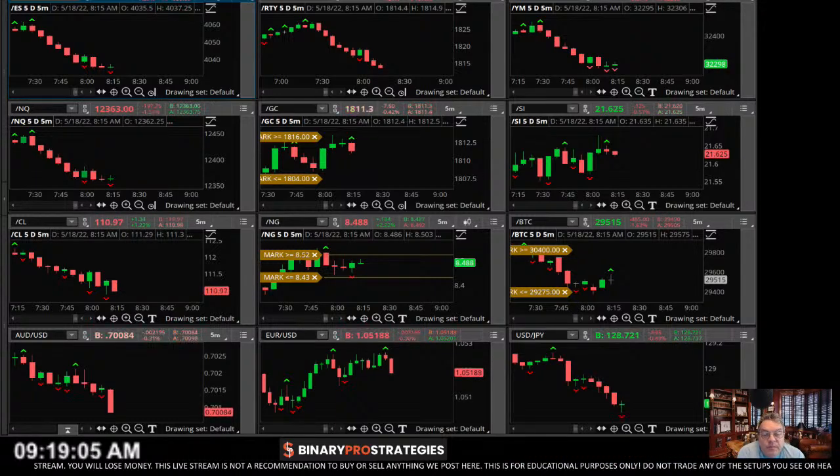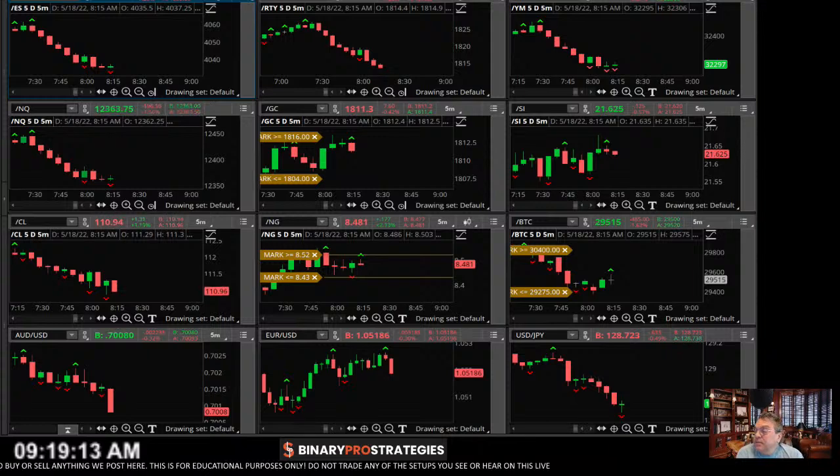Aussie US dropping pretty heavily now. It's 70.09, still short at 70.17. Getting out here in about 45 seconds.